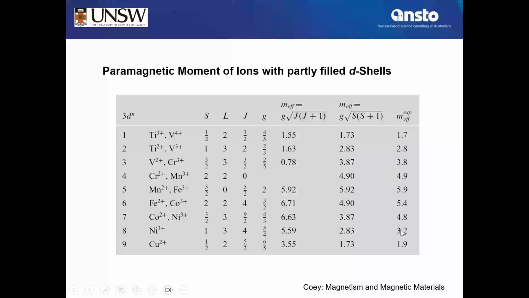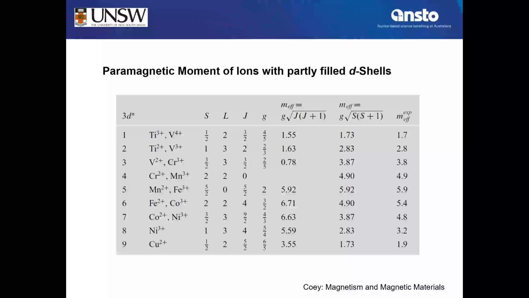That's the comparison with the experimental values, and that works pretty well. It's a pretty good prediction of the single ion total magnetic moment. The most important keyword here is that the magnetism is coming from the electrons and not from the magnetic core.